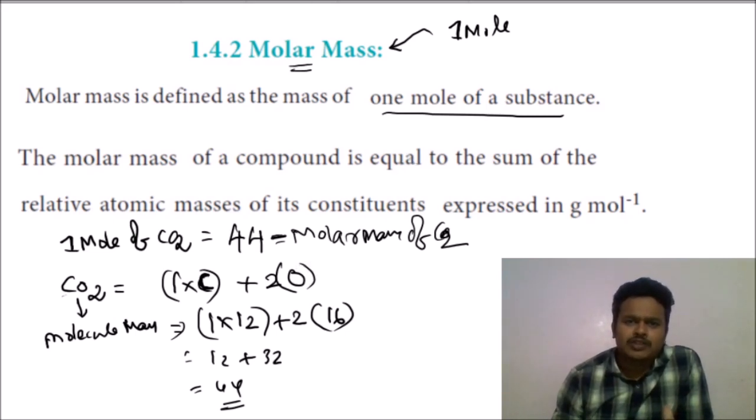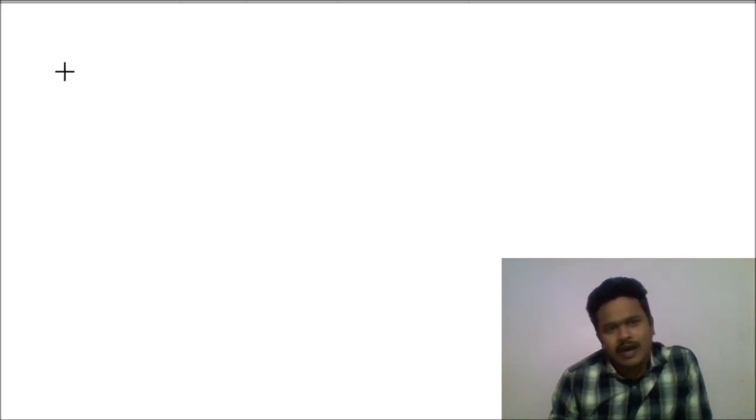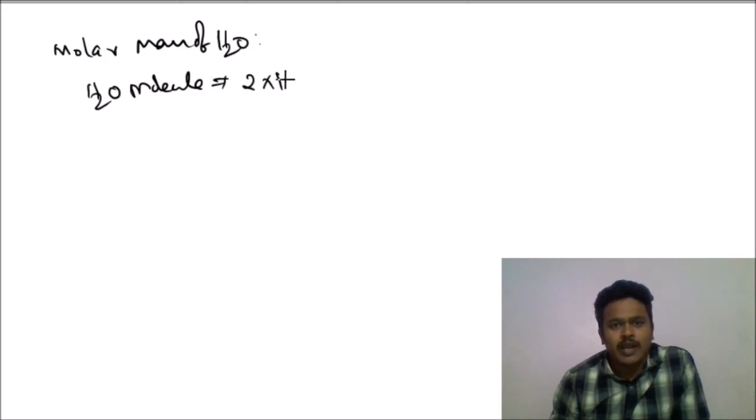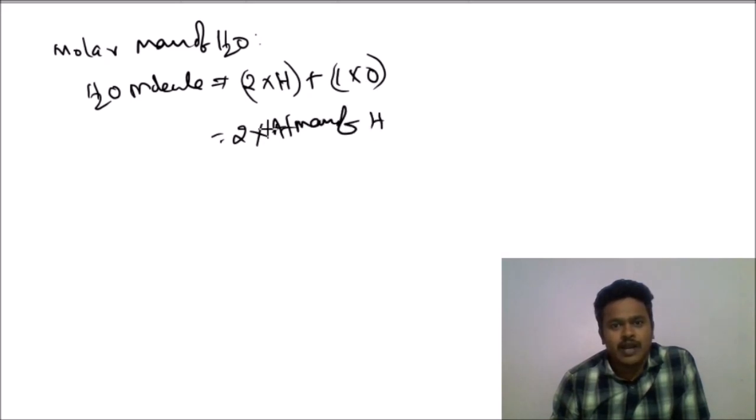You can also say the molar mass of water. Molar mass of H2O, they are asking. First of all, H2O is a molecule. It is a combination of 2 hydrogen atoms plus 1 oxygen atom. We have to calculate 2 into atomic mass of hydrogen plus 1 into atomic mass of oxygen.